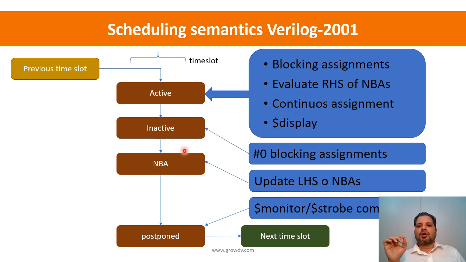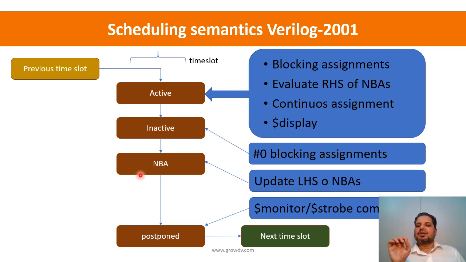The most important thing, forget about inactive and postponed. What you need to remember is there is an active region where all the blocking assignments are evaluated and assigned both. Whereas for the NBAs, evaluation of your RHS takes place in the active region and the assignment takes place in the NBA region.